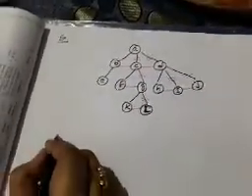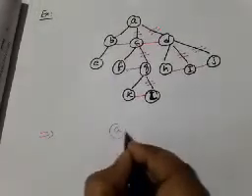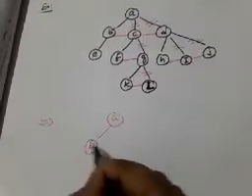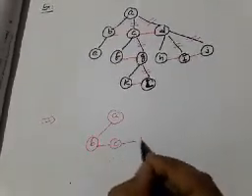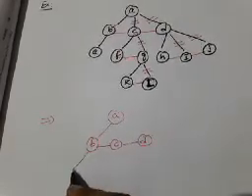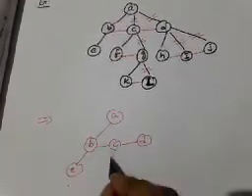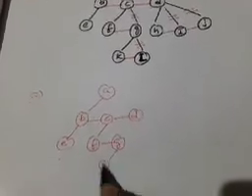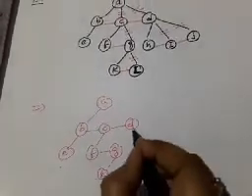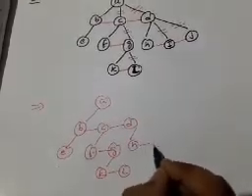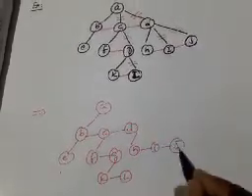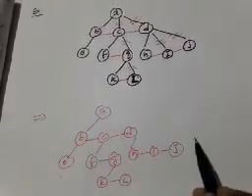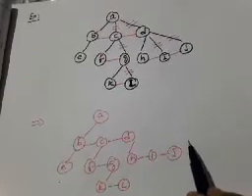So finally, we will have A with B, C, D, E, F, G, K, L, H, I, J. This is how we will have it after step 2.